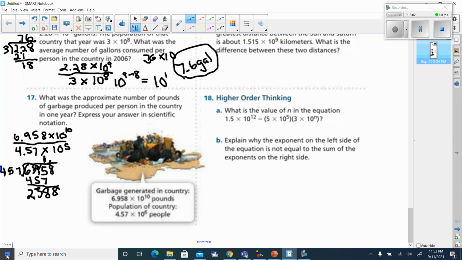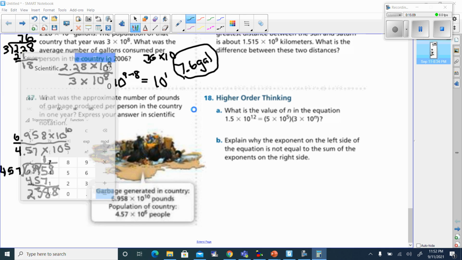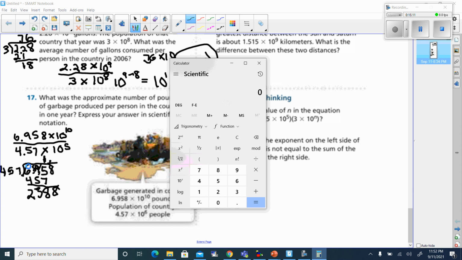And I'm going to use my calculator here. Kind of take a little shortcut to help me out. All right, first we're going to try multiplying it by 4. 457 times 4. That gives me 1,828. Now I'm going to try to multiply it by 5. 457 times 5. And that is going to work, 2285.